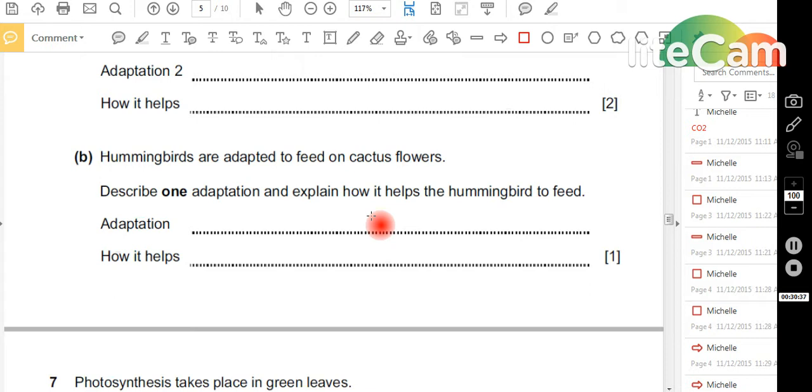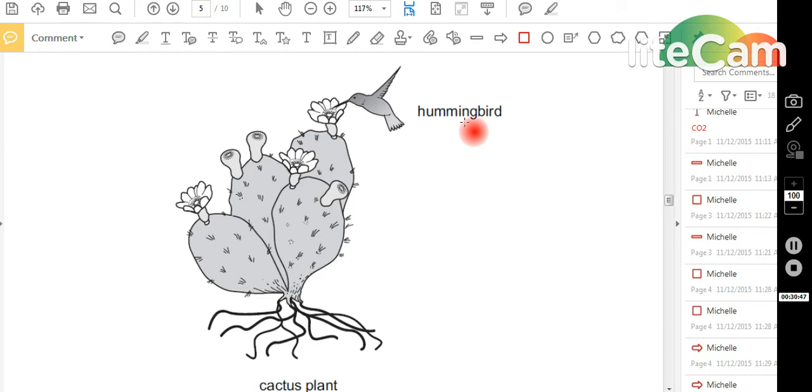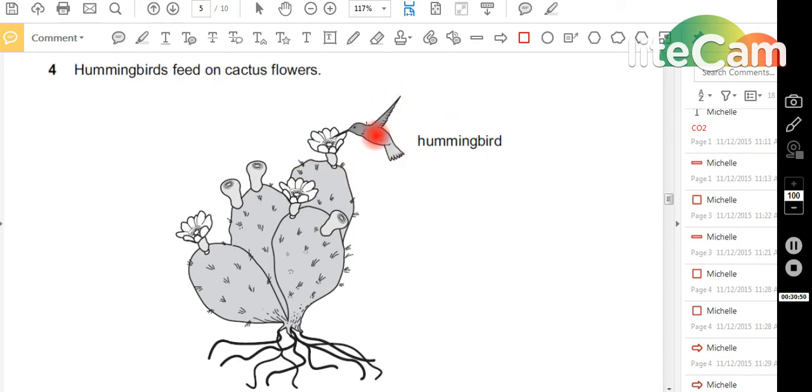Jalen, what adaptation will the hummingbird have? You want to have a look at it? Here's your hummingbird. What adaptation does a hummingbird have to survive or to feed on those flowers specifically?